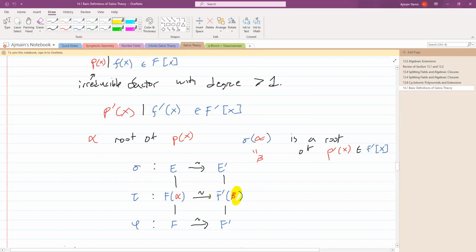So alpha is always fixed, but for any beta, you can find some sigma and tau that give you this diagram, right? And for any sigma, you can get this diagram as well.